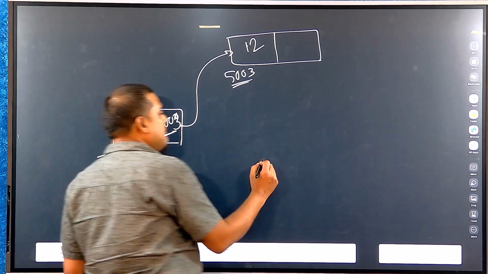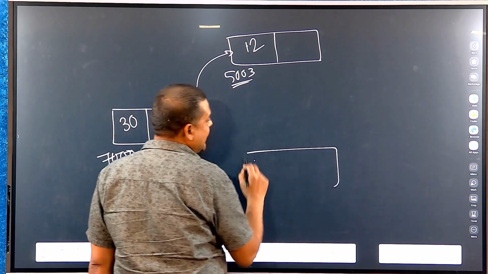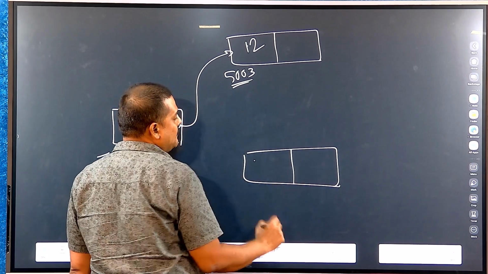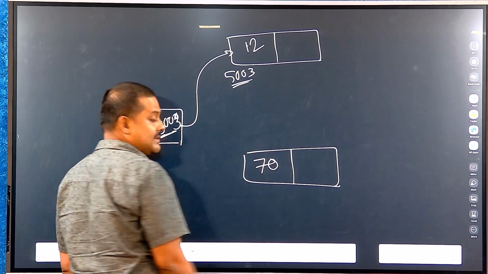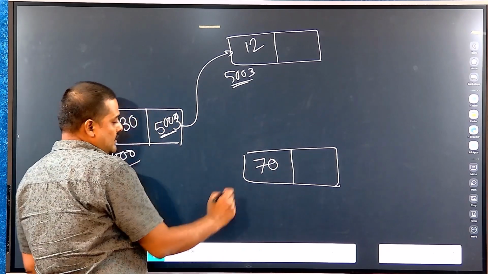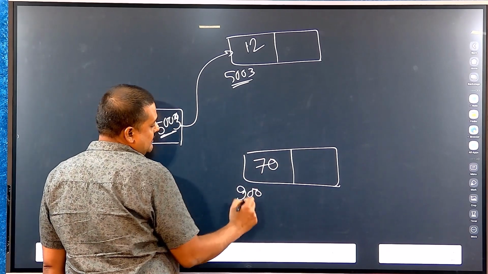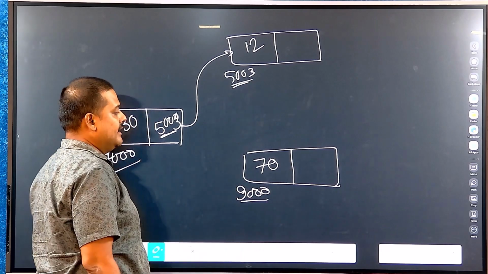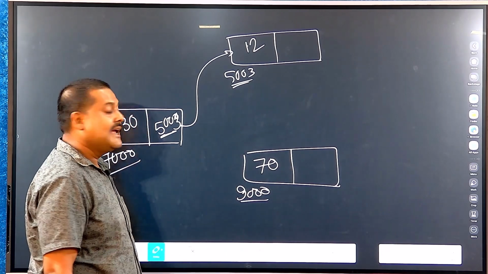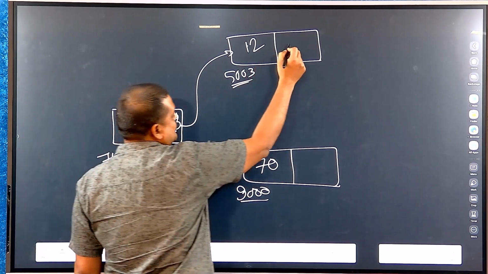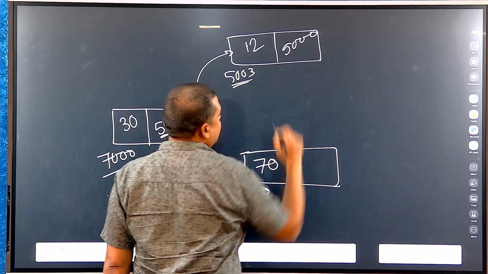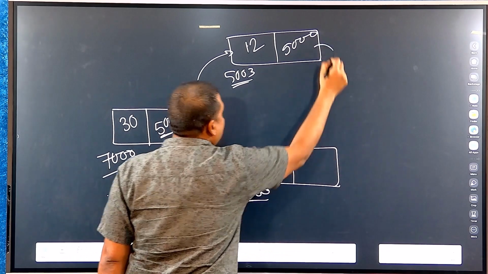And this way, if we again want to allocate some new place, say, for example, I want to store the value 70 in some memory space. So, what we will do? Assuming this space is allocated at a new location, 9000, and here we have stored 70, we will store 9000 here, and this way we will continue.